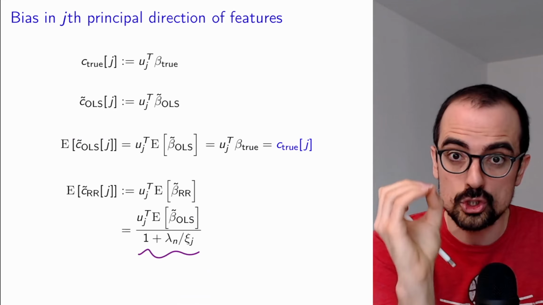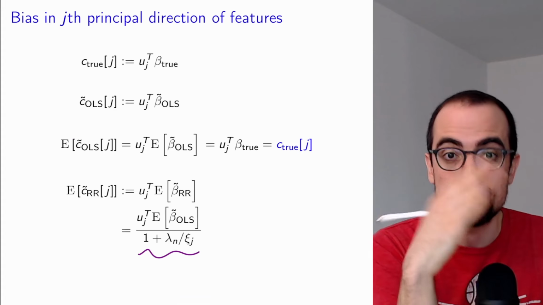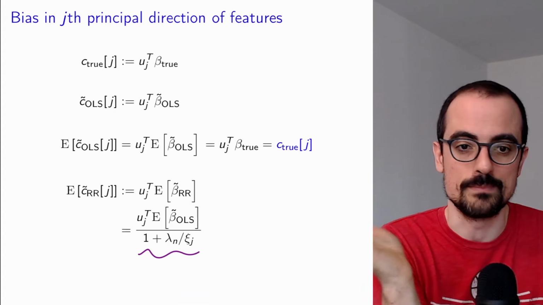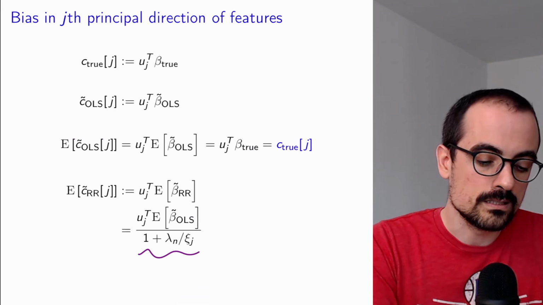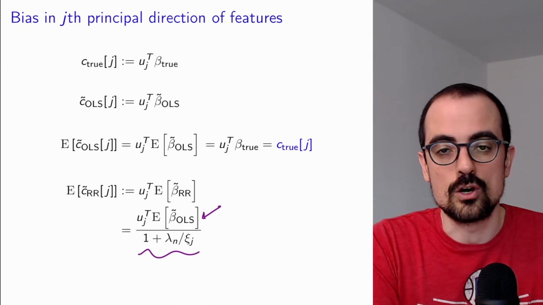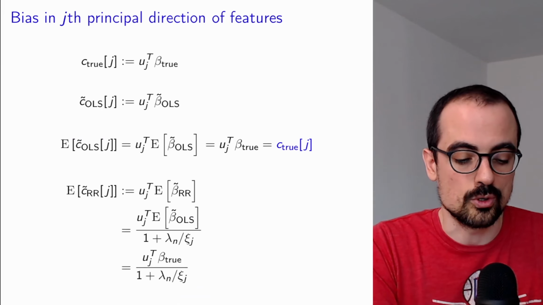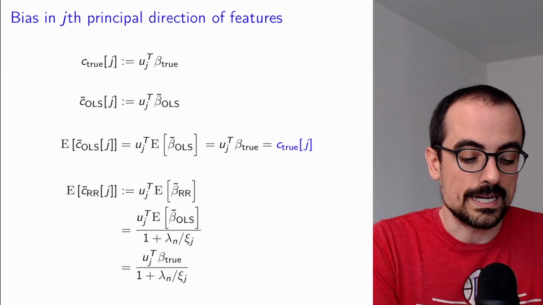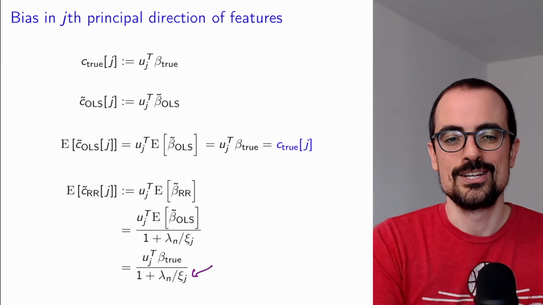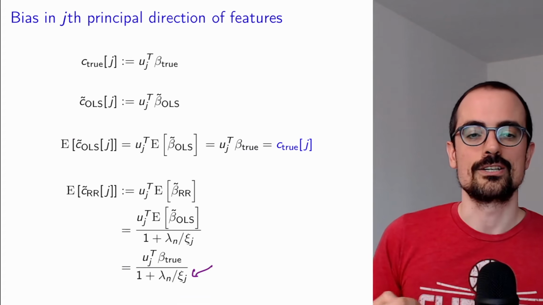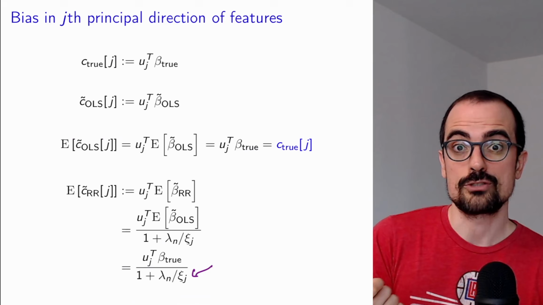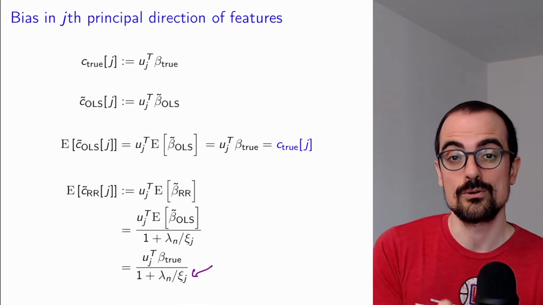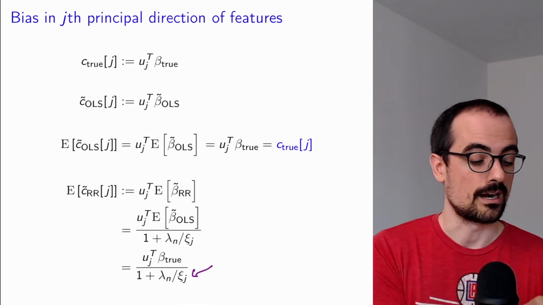This is why it's crucial to do this analysis separately in each principal direction. Otherwise, you wouldn't be able to do this. Now this comes out, and we have again the mean of the OLS coefficients, which we know is the true coefficients, divided by our shrinkage factor. So we see that the larger lambda is, the more bias the ridge regression coefficients are going to have towards 0, which is exactly what we see in our simulations.